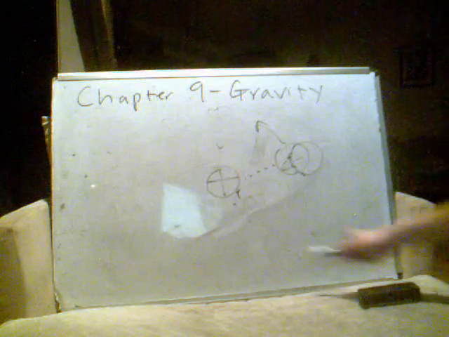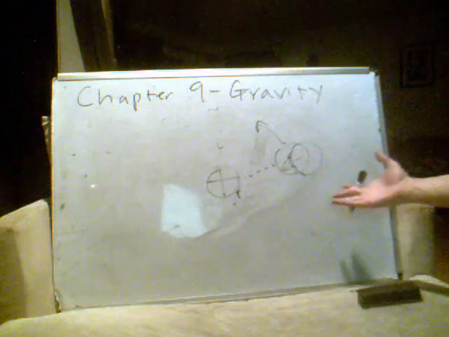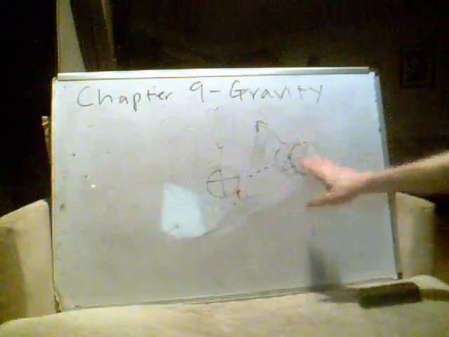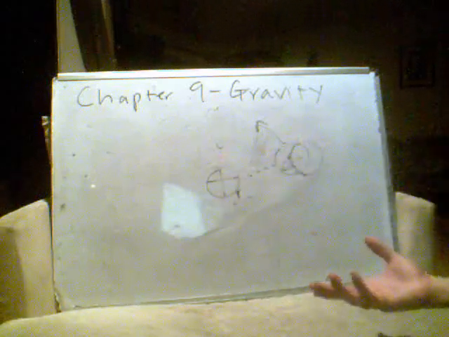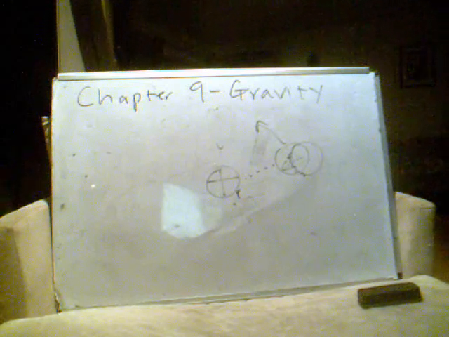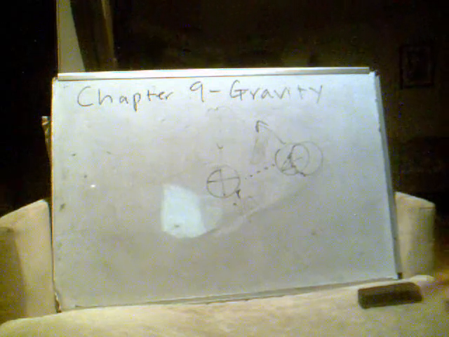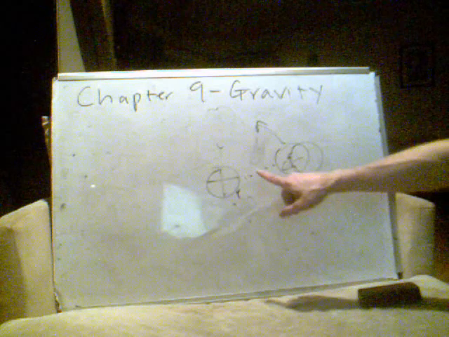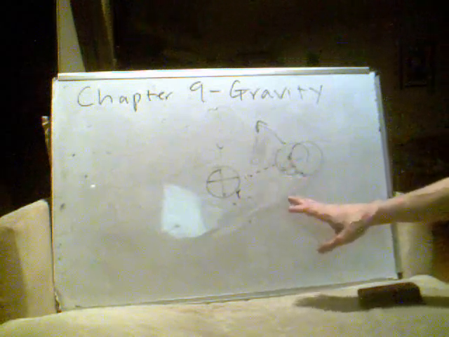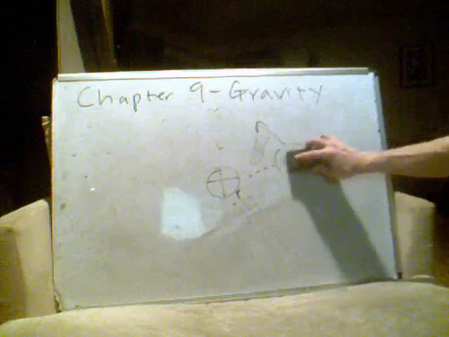when this object smashed into the Earth and knocked away a chunk of material which would eventually become the moon, most of what it knocked away had to have been stuff that the Earth was made out of. Now the Earth is actually mostly made out of molten metal, rocks, magma, lava, whatever you want to call it, things like that. And so the moon, if it was indeed part of the Earth originally, that would make sense that all of those things would be in there.